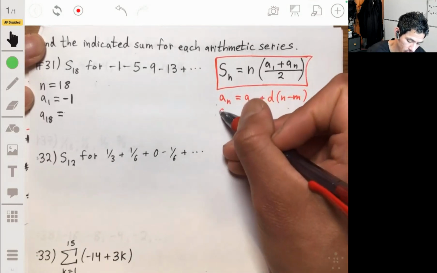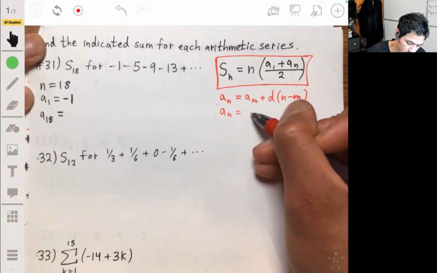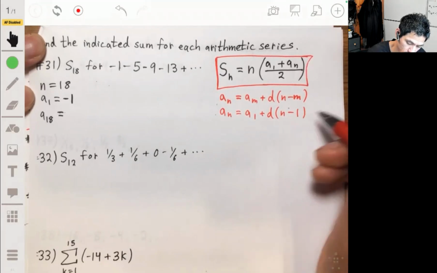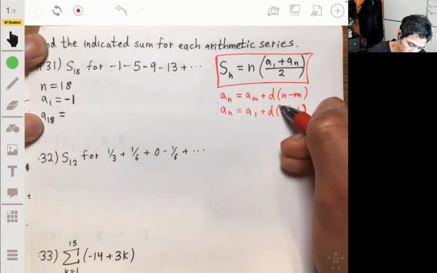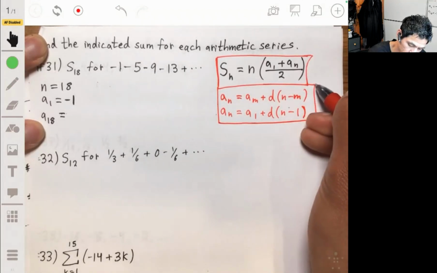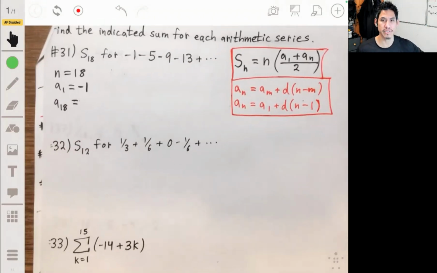And again, if you have A1, you can always just use A1 in place of Am. So either one is fine. They're the same formula essentially, which I just went over in the previous examples.